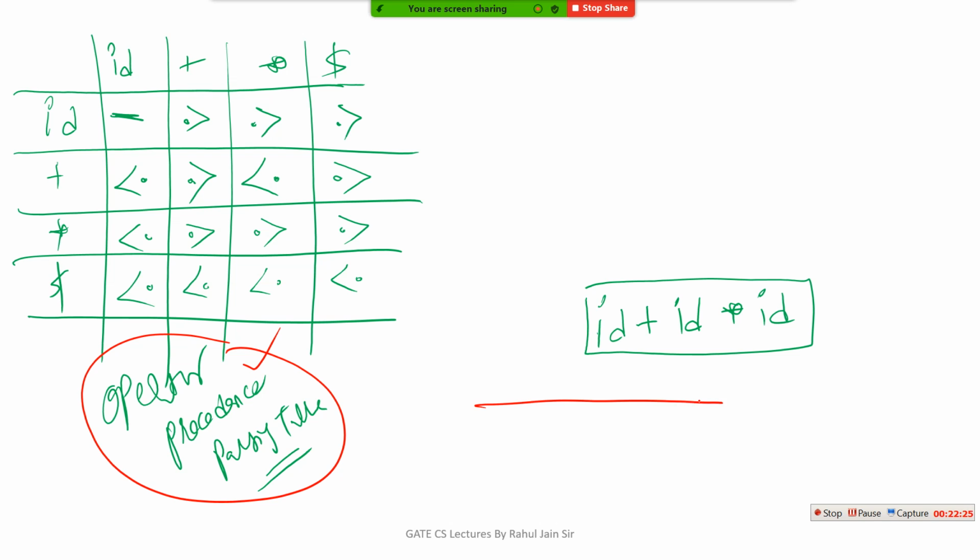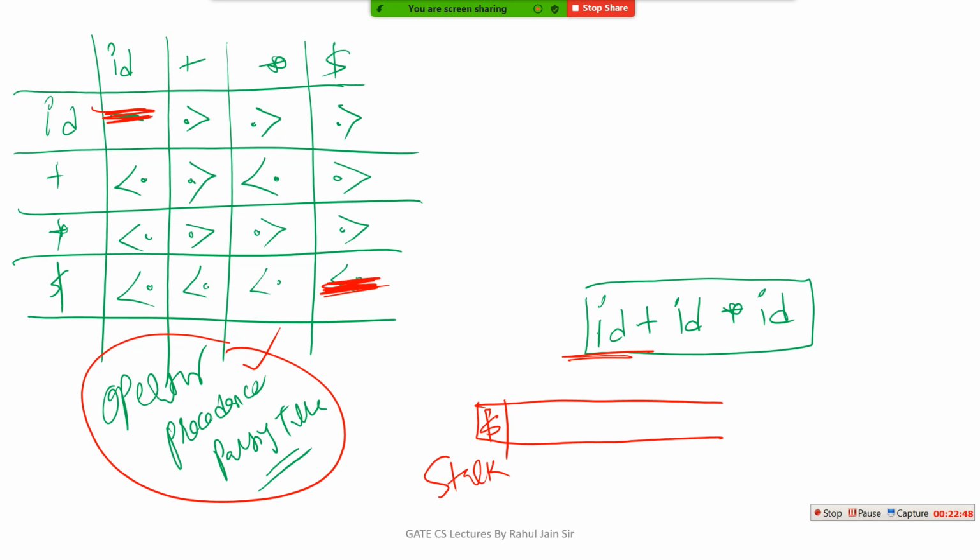Just observe. It is my stack. With the help of the stack data structure, I will parse this given input string on this stack. Why are dollar and dollar input different? No, we can't compare here.